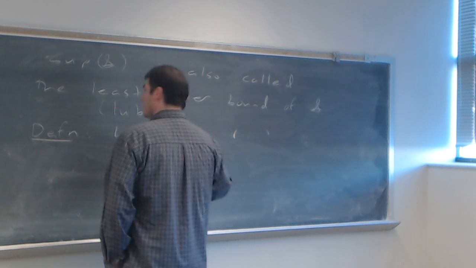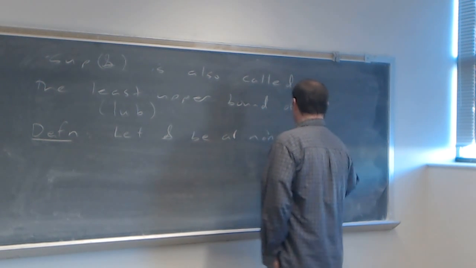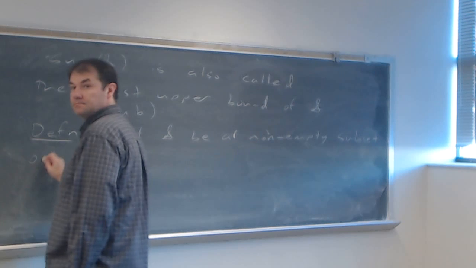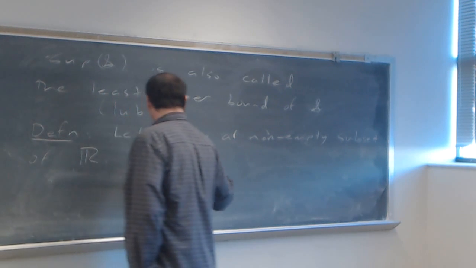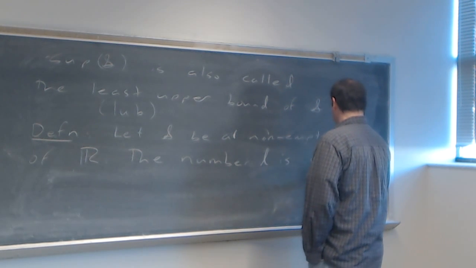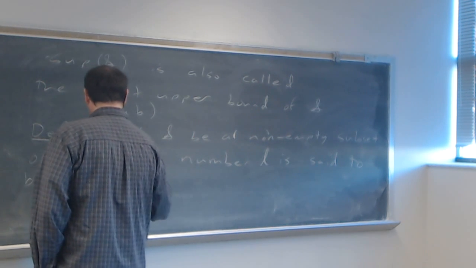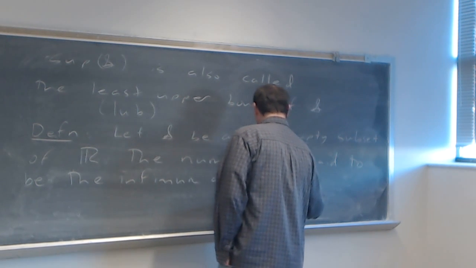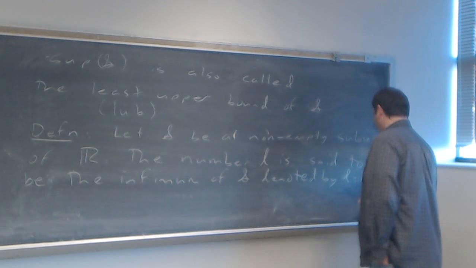Again, we're going to let S be a non-empty subset of R. The number L is said to be the infimum of script S, and that's denoted by L equals the inf of script S.